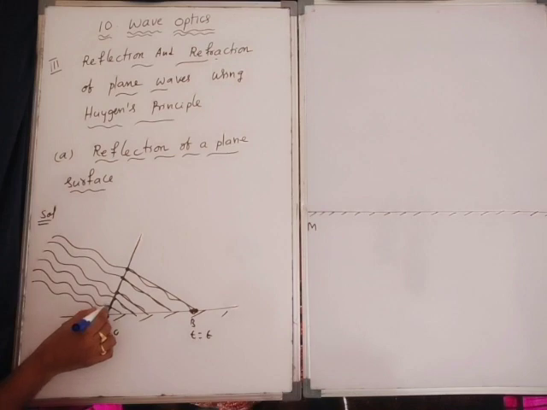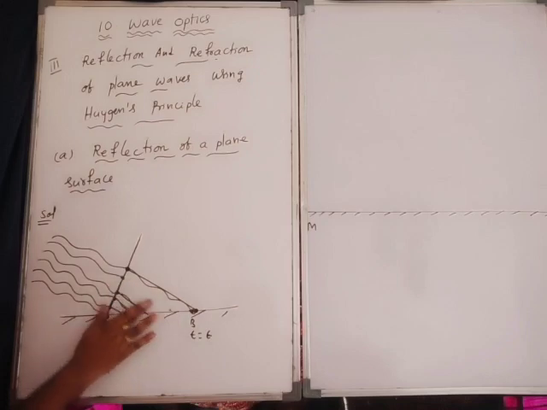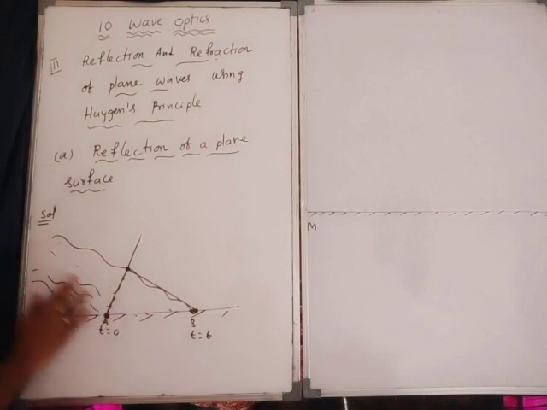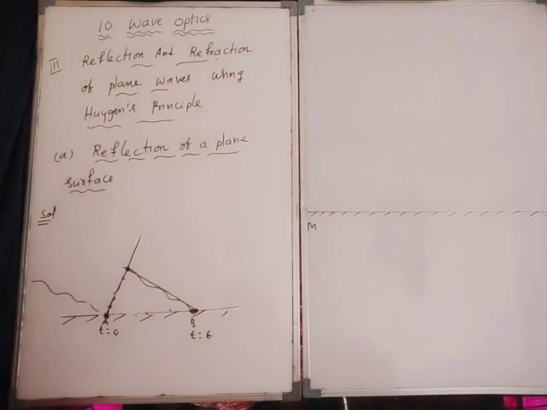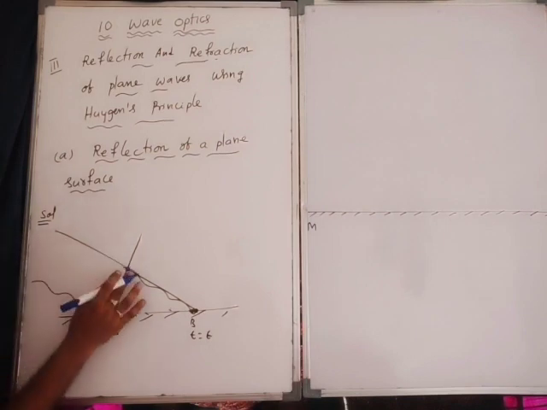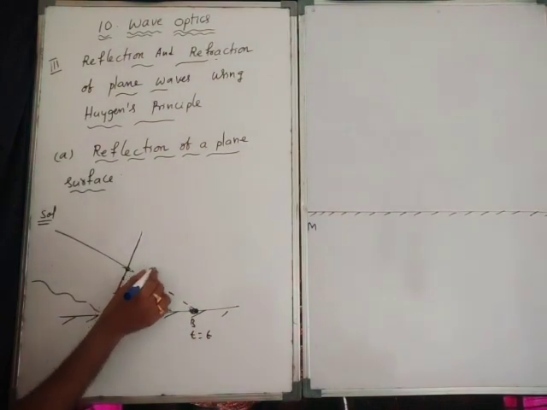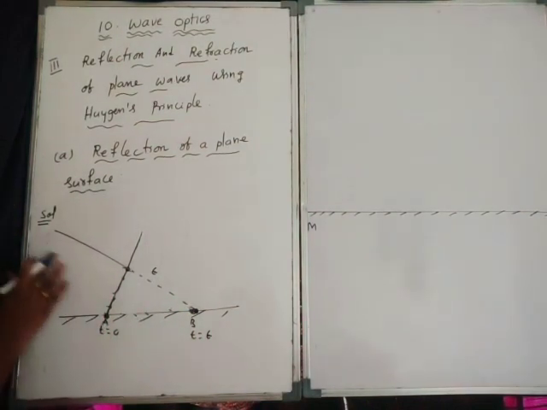At A and C, B and C, like that I will get 2 points. So the remaining waves I can remove, I don't want them. Now I will consider only 2 incident rays. This is the direction of the incident ray after time t seconds, and it can reach the plane surface.